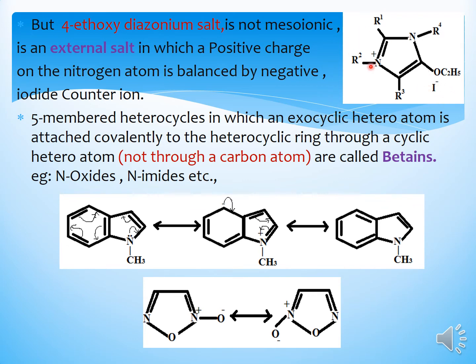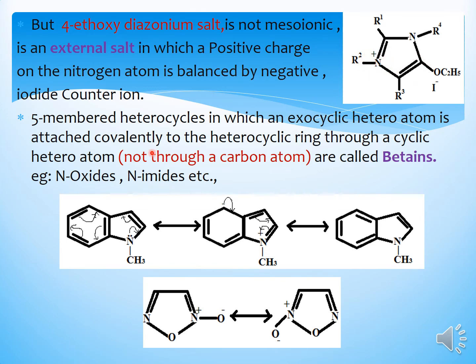So that case will not be there in case of your mesoionic compounds. Okay, such compounds in which the nitrogen will have a positive charge and it will be balanced by the counter ion negative charge, such a compound will not be said to be a mesoionic compound.